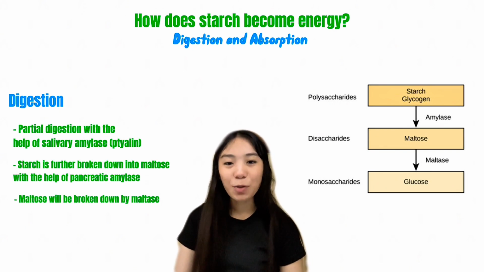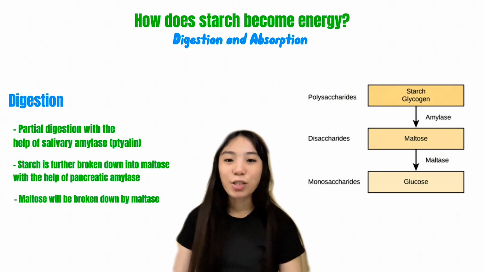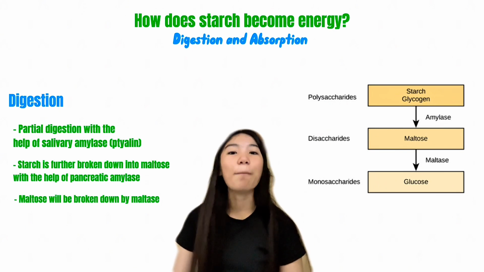Then, that maltose is broken down by maltase into glucose, a monosaccharide. So, from a polysaccharide, starch, with the enzymes such as amylase, pancreatic amylase, and maltase, it was broken down into a monosaccharide, glucose, the simplest form of carbohydrate. This means that the final product of the hydrolysis of starch is glucose.